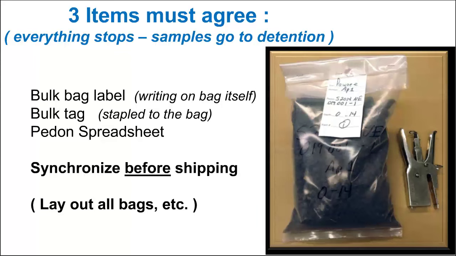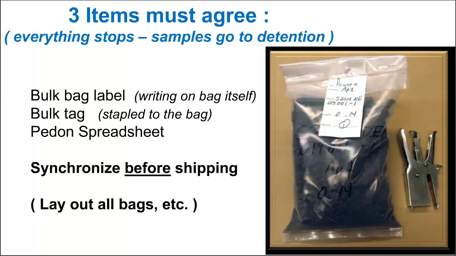When we get the samples in the lab to log them in, there are three things that we want to match: the paperwork that we get in, the tag on the bulk sample and the writing on the clod box, and the bulk label.